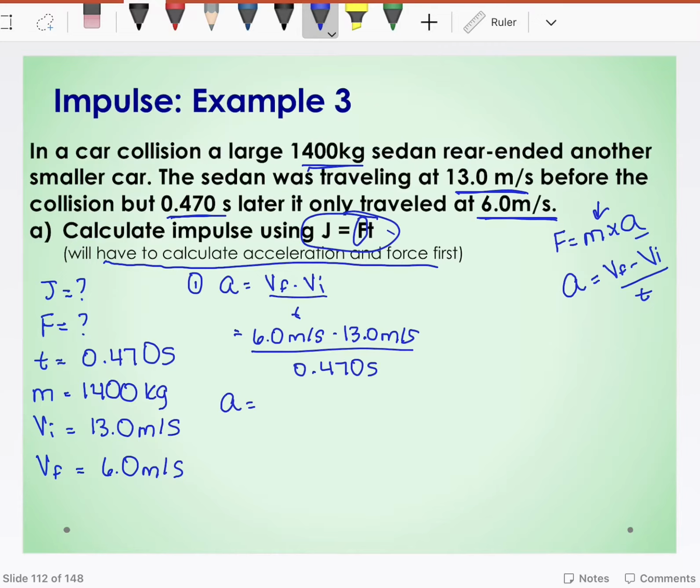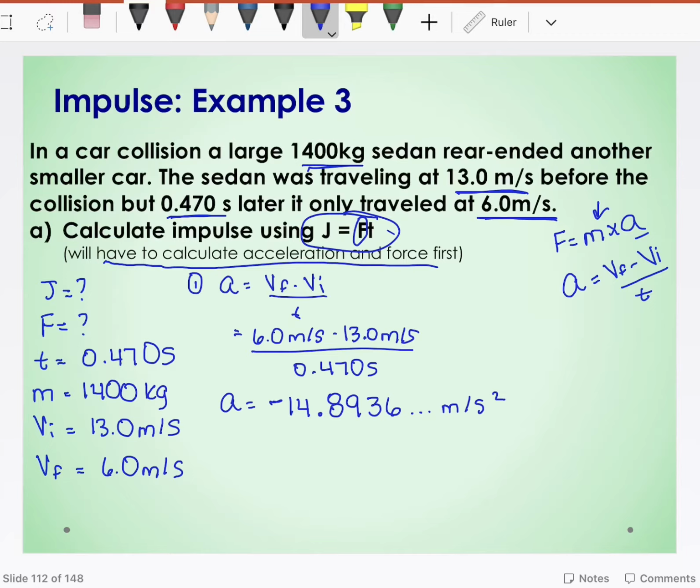So acceleration is negative 14.8936, and I'm going to save the rest of the digits. All right, so I know my acceleration. The negative is implying that the vehicle is slowing down in this case.